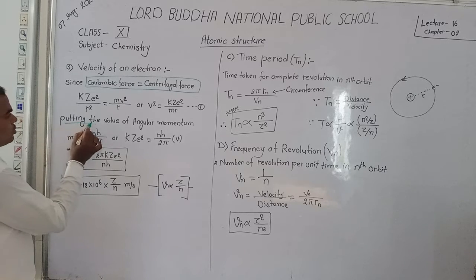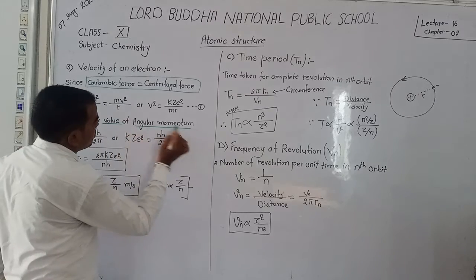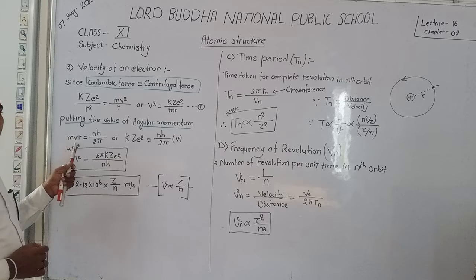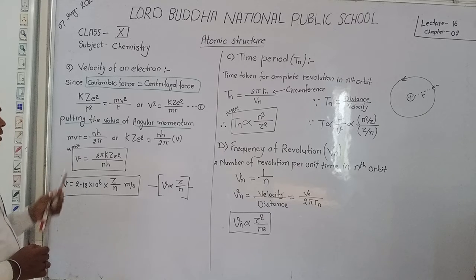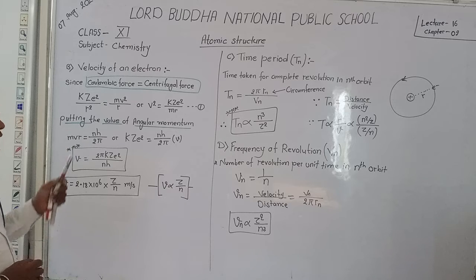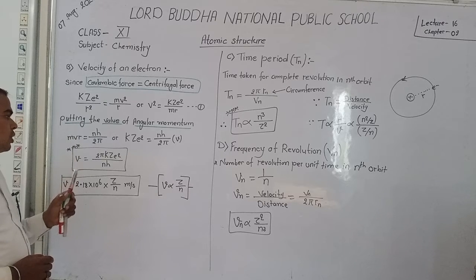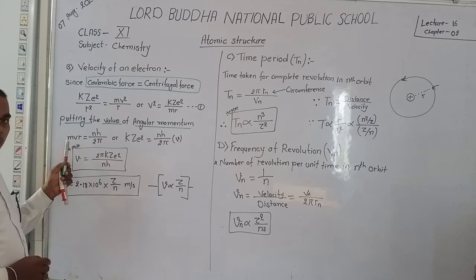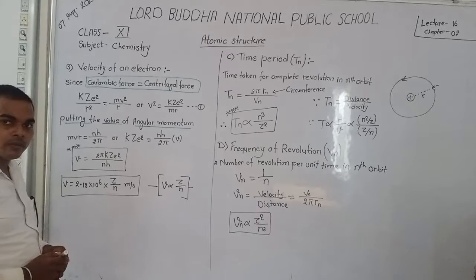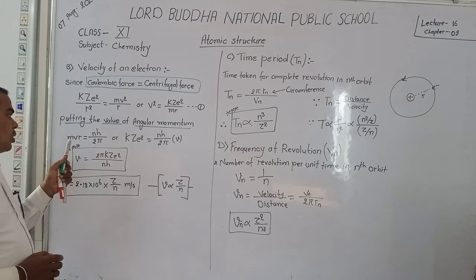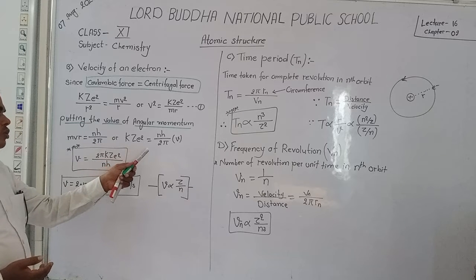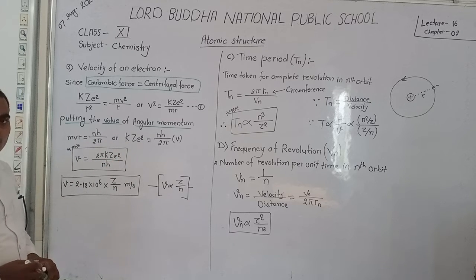Now, putting in the value of angular momentum: you know that mvr is the angular momentum of the electron, and it is equal to nh upon 2 pi, as you also studied in the previous lecture. We write mvr equal to nh upon 2 pi, so kZe square is equal to nh upon 2 pi into v.